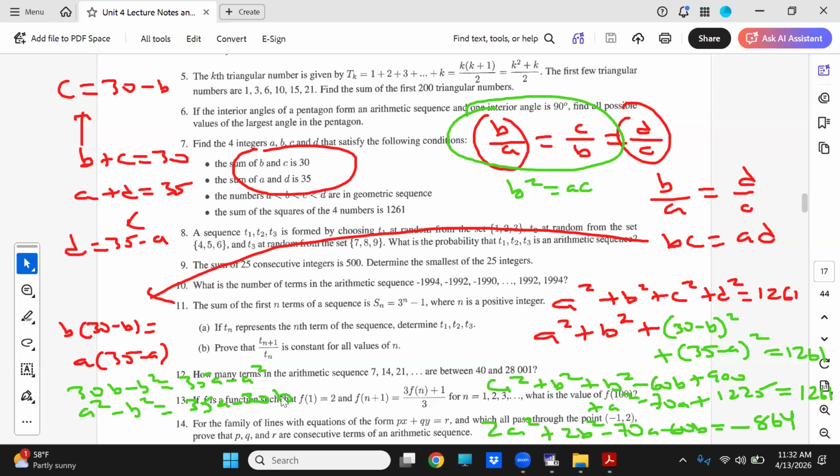A squared minus B squared minus 35A plus 30B equals 0.